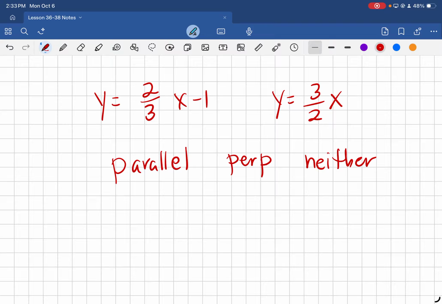Perpendicular. You're close. It looks perpendicular, but it's not. Do you know why? Well, they are flipped, but they don't have a negative. They're both positive. I need one to be negative and one to be positive. So it's neither. Do you see why, Gabby?